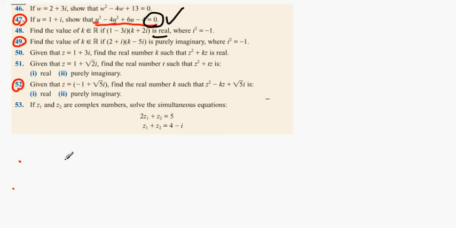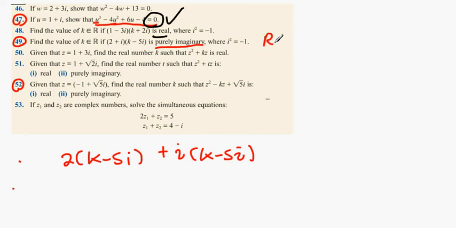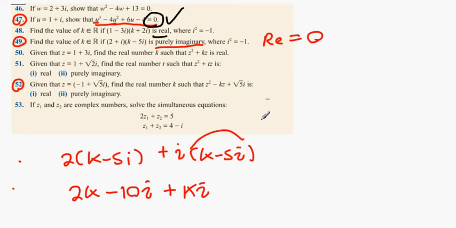We're going to multiply it out. So we're going to get 2 times k minus 5i plus i times k minus 5i. Now please remember that the real part has to be equal to 0. So we're going to get 2k minus 10i, then we're going to get ki minus 5i squared.